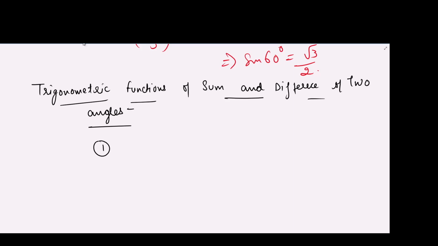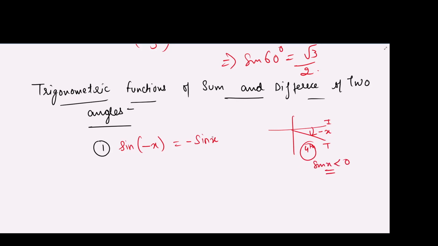So first is sine minus x is equal to minus sine x. So this is initial side, this is terminal side. So minus x will be in fourth quadrant, and in fourth quadrant sine is less than 0. So therefore minus sine x. Second we have cos of minus x.